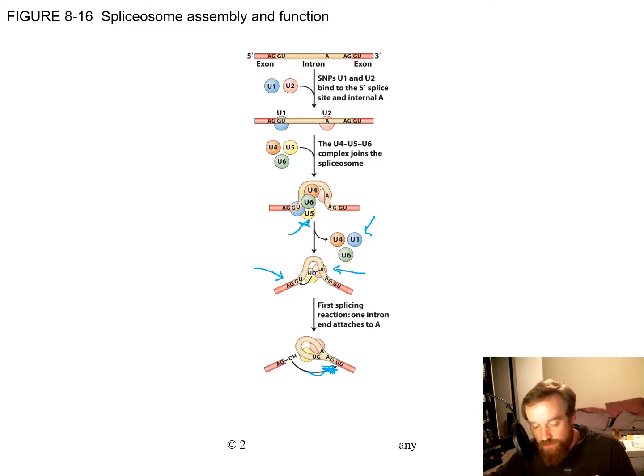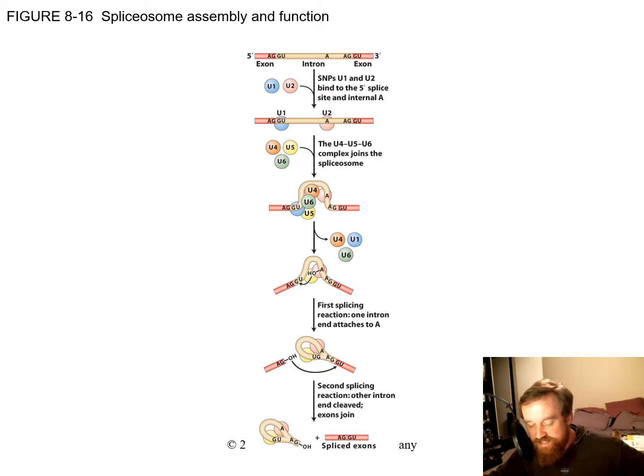So it forms what we call, for some reason, a cowboy's lariat. I'm assuming that is like a lasso. I'm not much of a rancher or cowboy by any means, but it forms the shape they call a cowboy's lariat, and allows this free hydroxyl group to be exposed on that preceding exon.